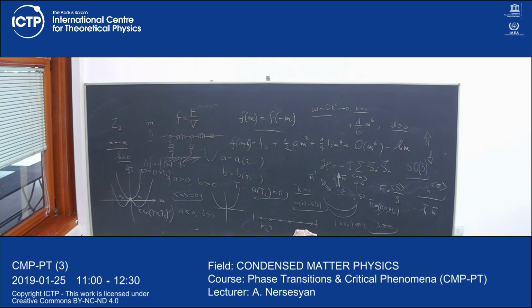So the Goldstone theorem, in the way it has been formulated, Jeffrey Goldstone was a high-energy physicist. Of course, he had in mind the situation with particle physics and quantum field theory.